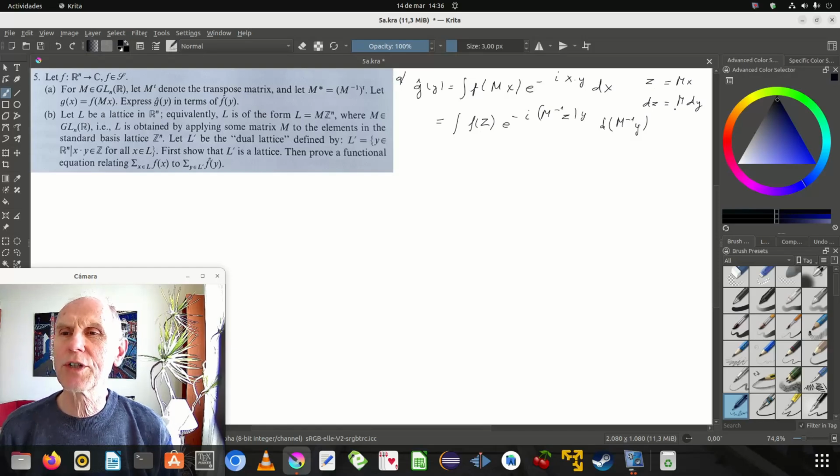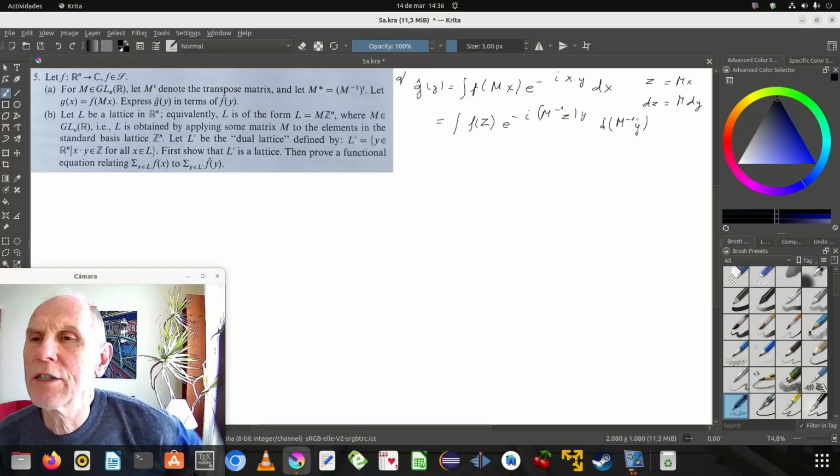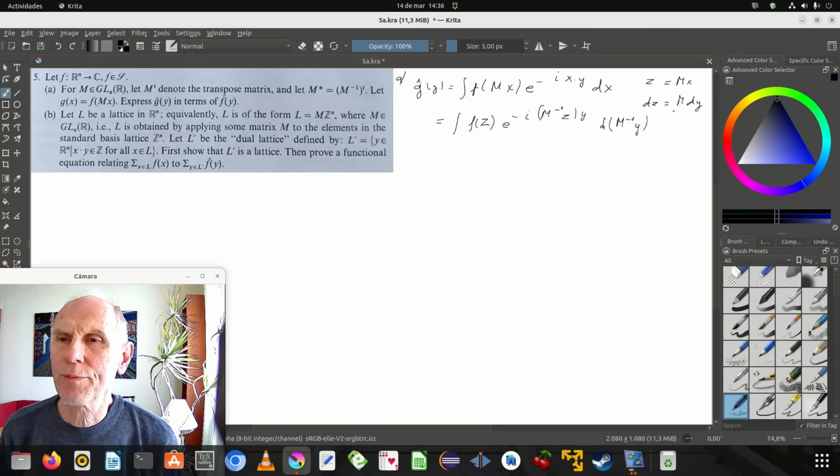When we make such a change of variable, the integral is the determinant of m, but then this is wrong. It's the determinant of m.